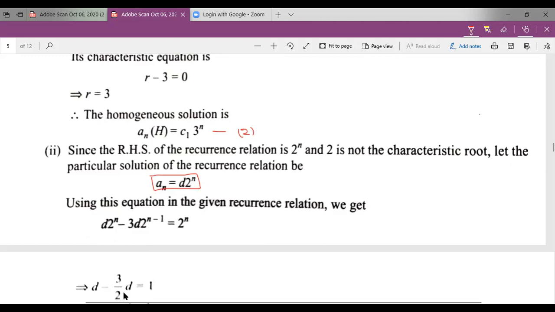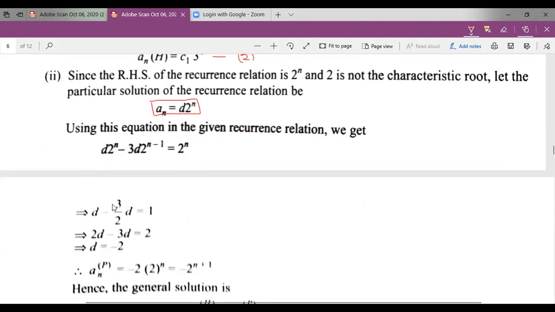So 3 by 2 into d... in both terms 2^n will be common and it will be cancelled on the left-hand side and right-hand side. So the remaining term is d minus 3 by 2 d is equal to 1.